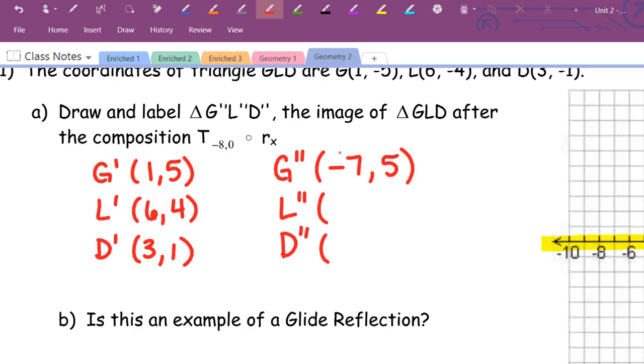-7, 5 is right. Tyler, what are you going to say for L double prime? Good. And then after that, D double prime. Zach, D, what was that? What are you doing to the x?